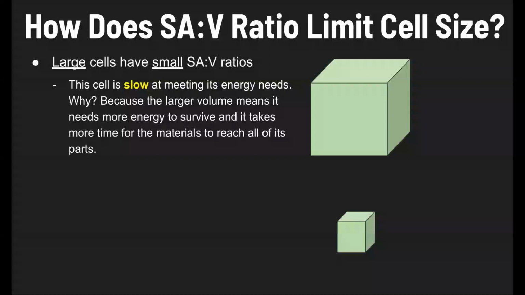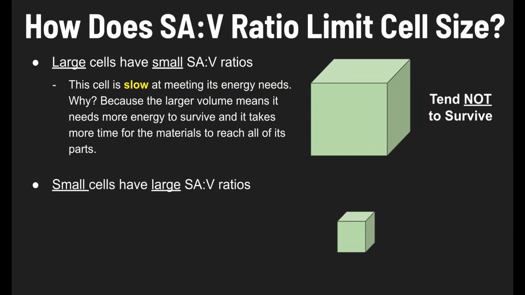And that larger volume also means that it takes more time for the materials it needs to reach all of the parts within the cell. So if a cell is really slow at meeting its energy needs and it needs that energy in order to survive, then that cell is going to tend not to survive for very long.